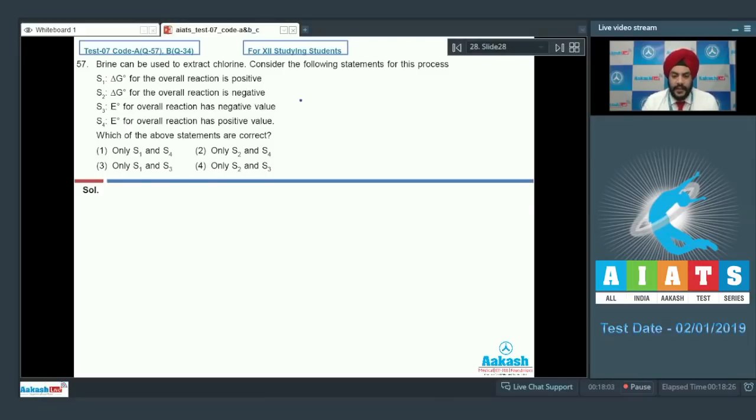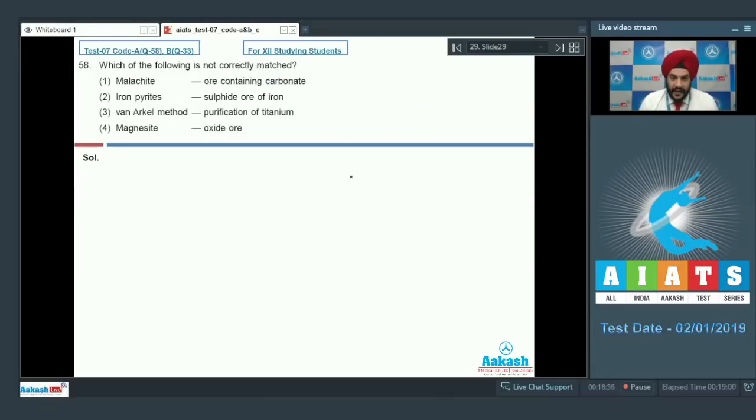So the delta G for the overall reaction would have been positive, hence we had to use electricity for this reaction. So delta G0 shall be positive, which follows that E0 should be negative. Looking at the options, we can see that S1 and S3 are correct, and we have to mark option 3 as the correct answer to this question.